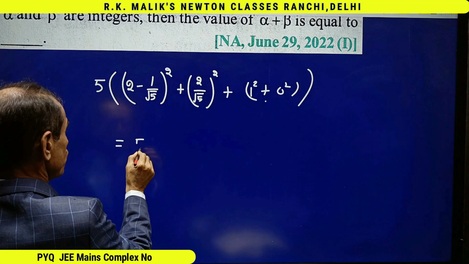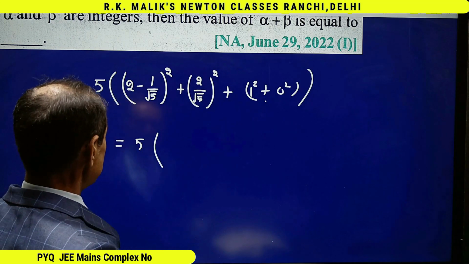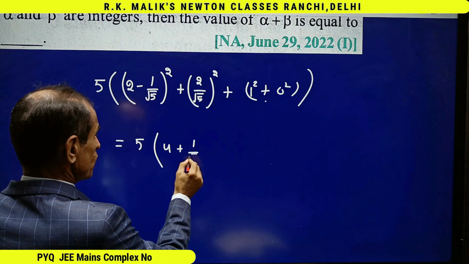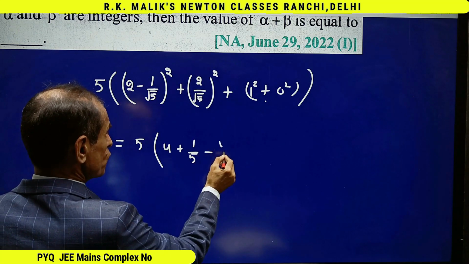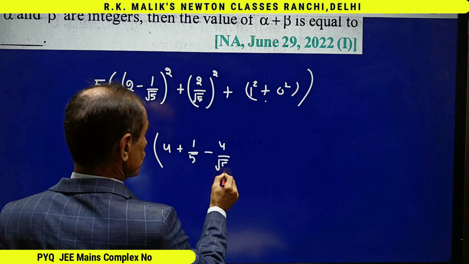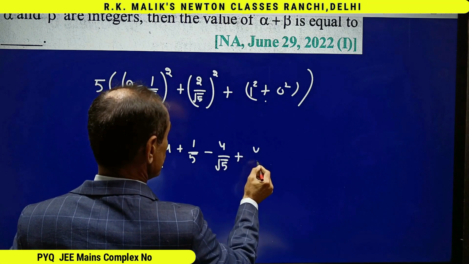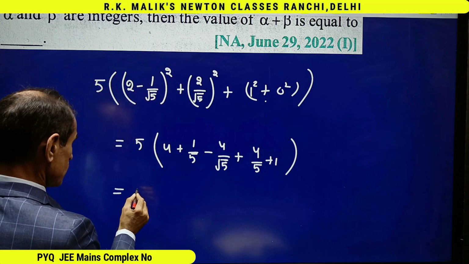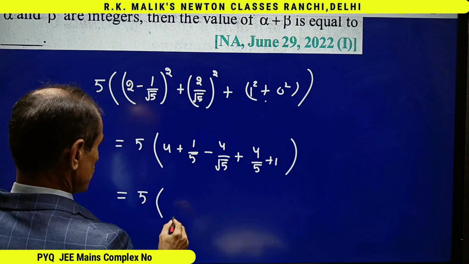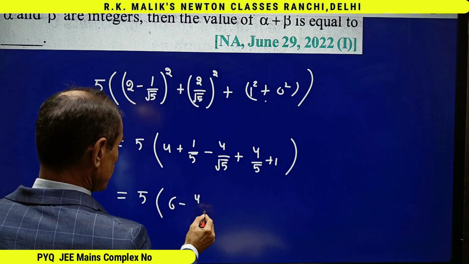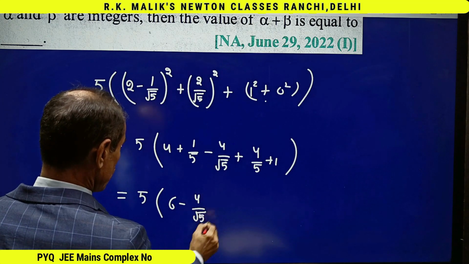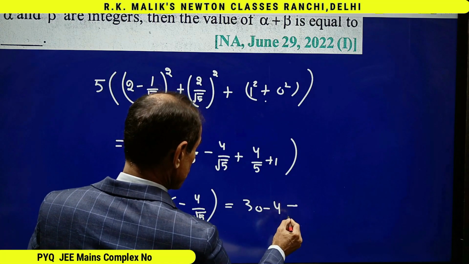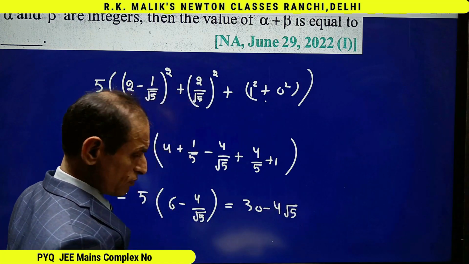That is, I get 5 into 4 plus 1 by 5 minus 4 by root 5 plus 4 by 5 plus 1, that is, I get 5 into 6 minus 4 by root 5, that is equal to 30 minus 4 root 5.